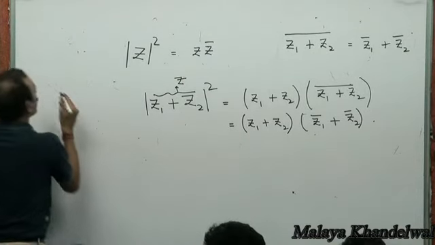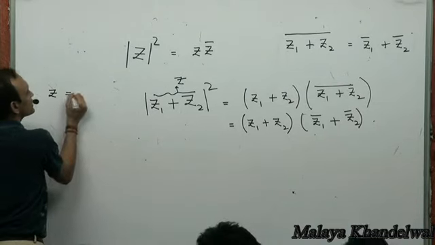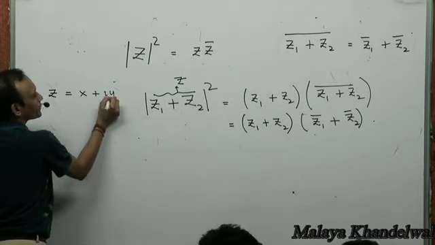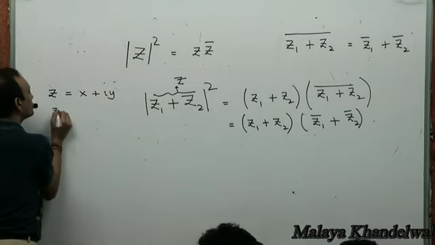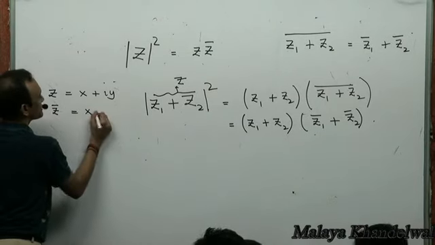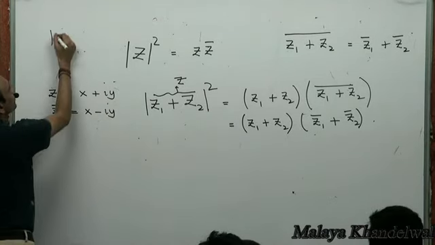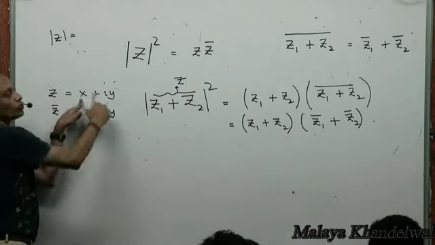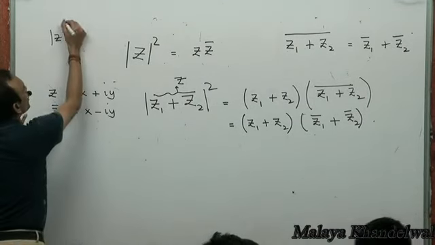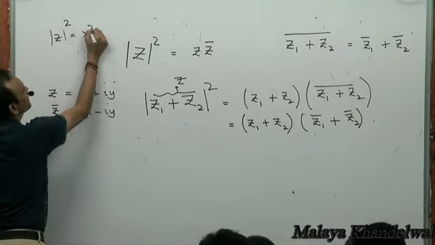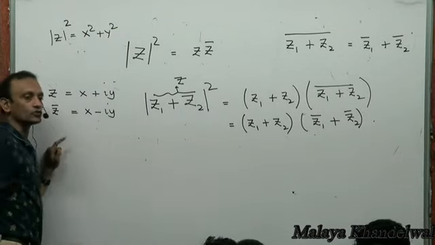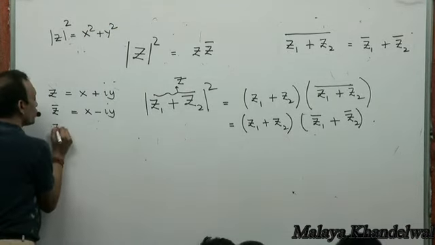Okay. See, z suppose is x plus iy, right? What is z bar? x minus iy. What is mod z? Root x squared plus y squared. So what is mod z squared? x squared plus y squared. Yes or no? That's mod z squared.